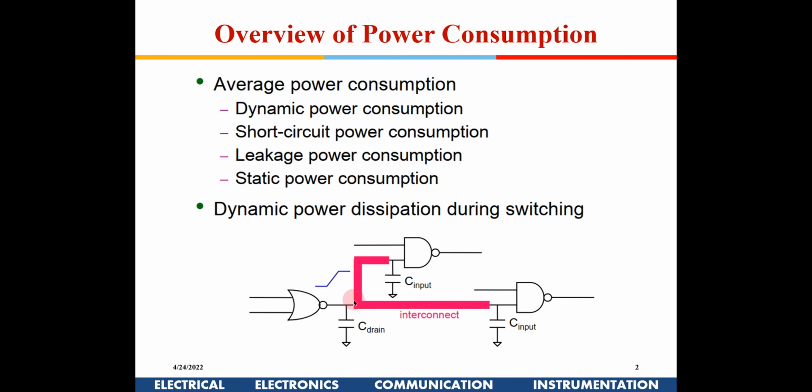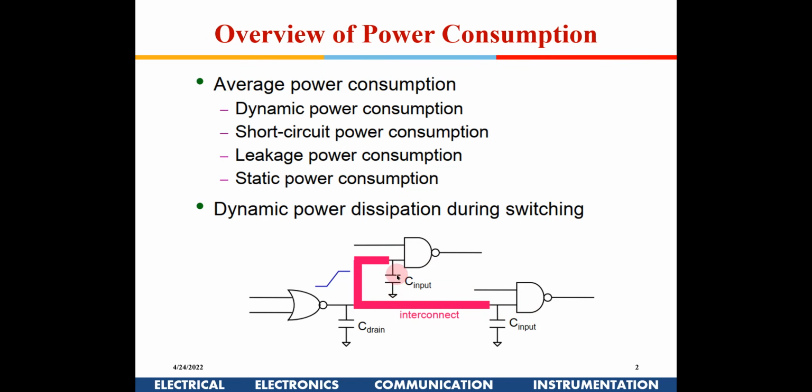Although on the schematic it might appear there is no capacitance, it will not contribute to any stray capacitance, but when you do the layout or in an actual VLSI chip, the interconnects do contribute towards some interconnect capacitance. Okay, and then we will have the gate capacitance of the gates being driven.